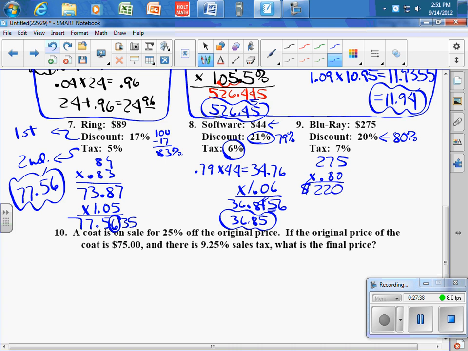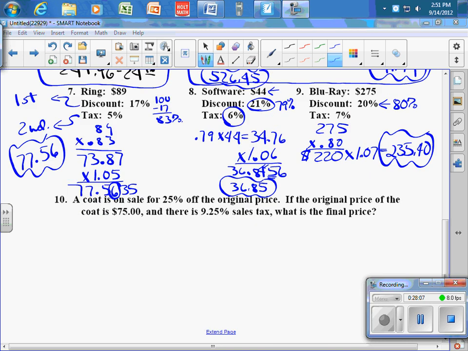Adding the sales tax, I'm going to be taking that times 1.07. And I get $235.40. And that's what we would be paying for this Blu-ray DVD player, that was originally costing $275 with a 20% discount and sales tax of 7%.